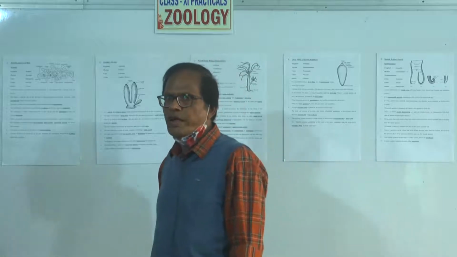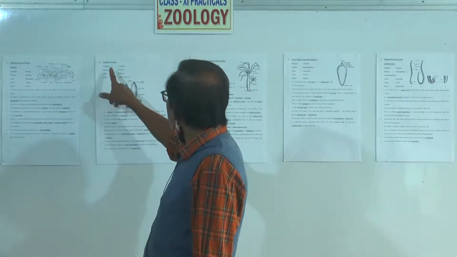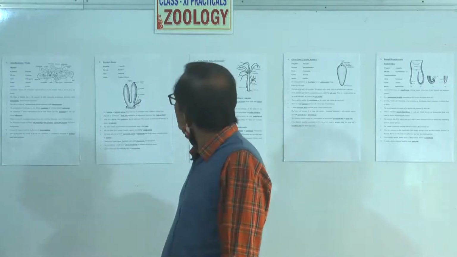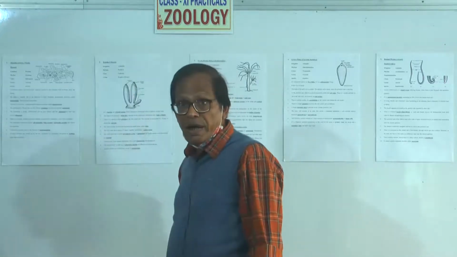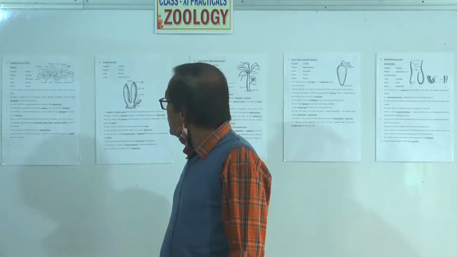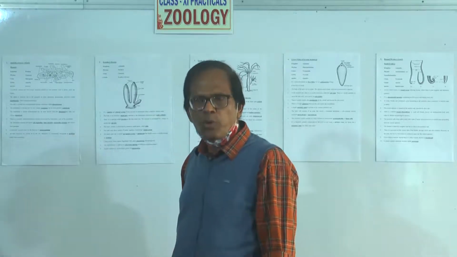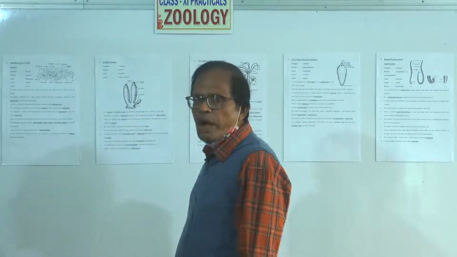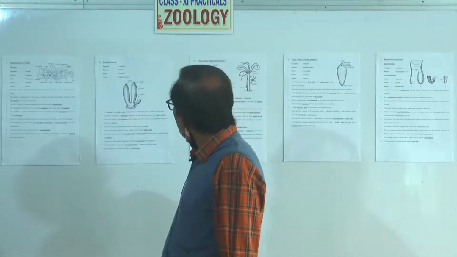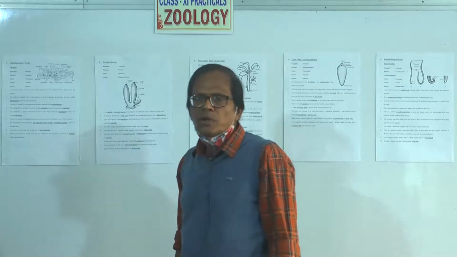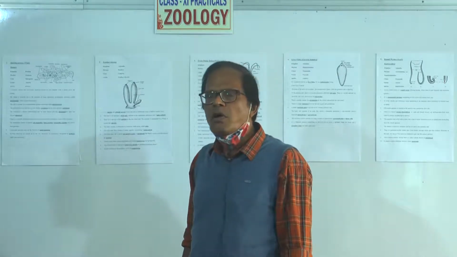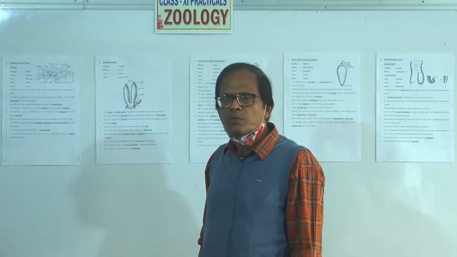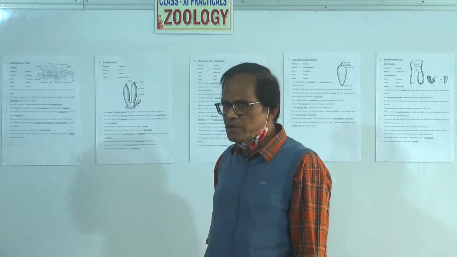Next, we move on to the next animal, that is Sycon, or Scypha. First of all, its classification. The kingdom is Animalia, as against Protista for Amoeba proteus. This is another kingdom in the five kingdom classification. The phylum is Porifera. The identifying feature of the phylum Porifera is the presence of numerous pores.